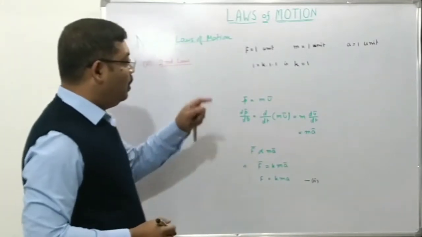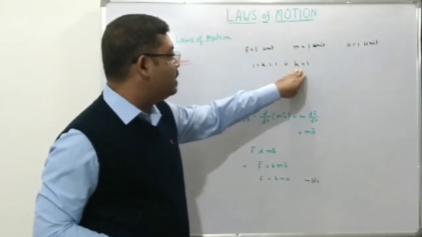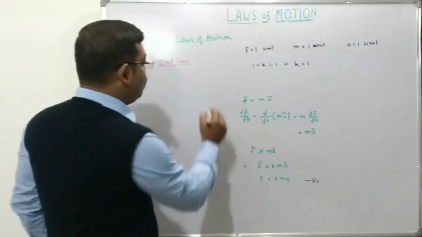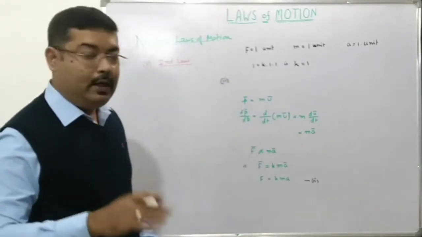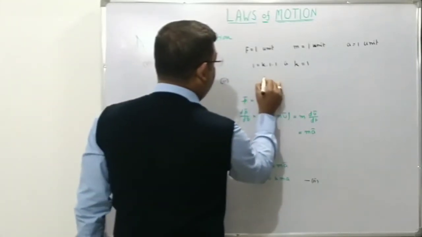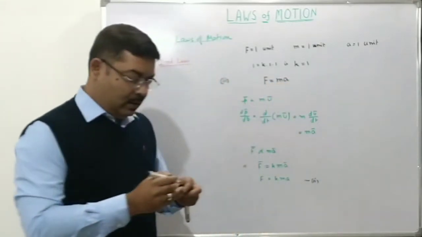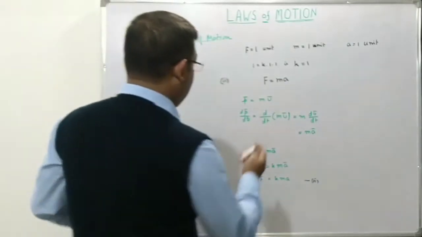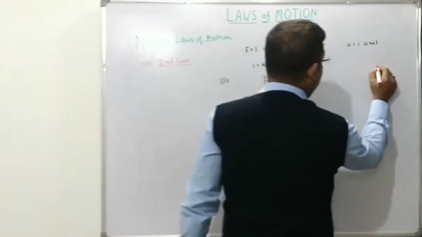So we are able to eliminate or set this constant of proportionality equal to 1, so that equation 2 is essentially going to be reduced to F equal to m into a. This is the famous equation of Newton, F equals ma.